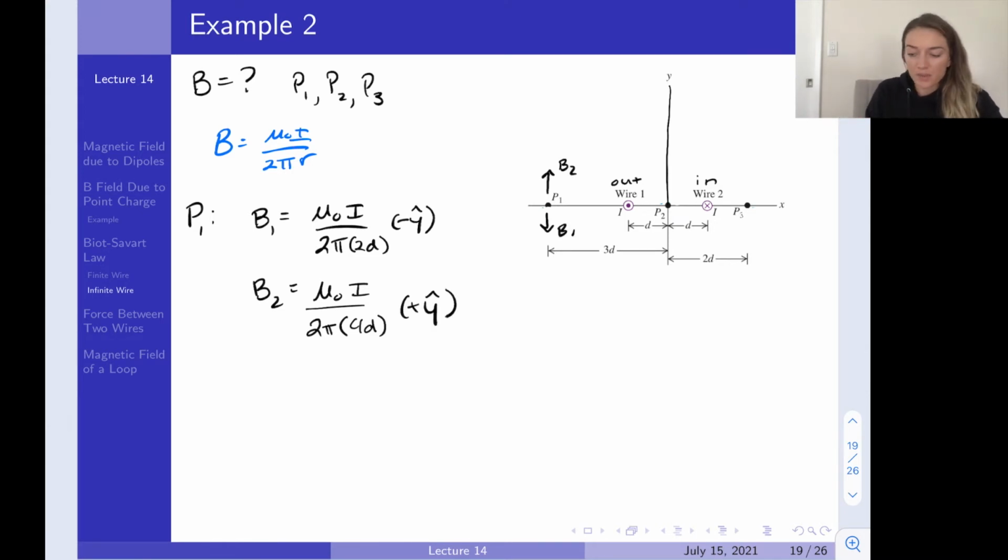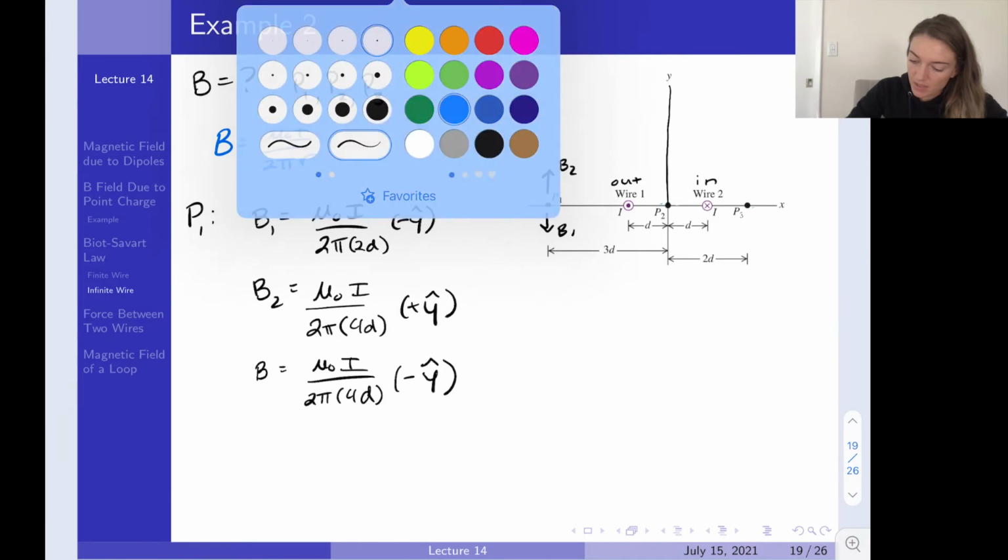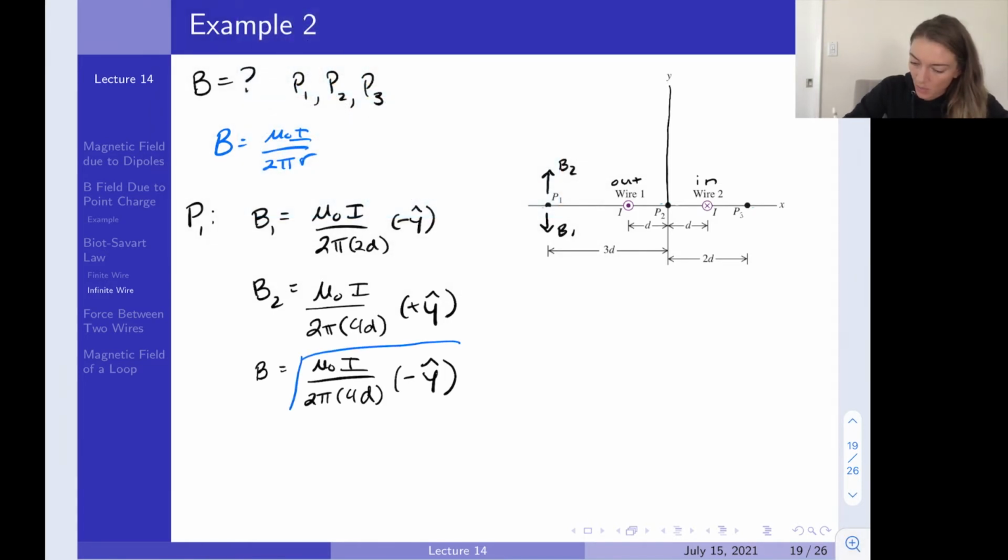Now we just add both of these together, and we get B total. This comes out to mu naught I over 2 pi 4D, in the negative y hat direction. So this is our magnetic field at point 1.